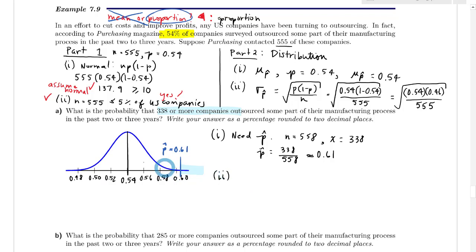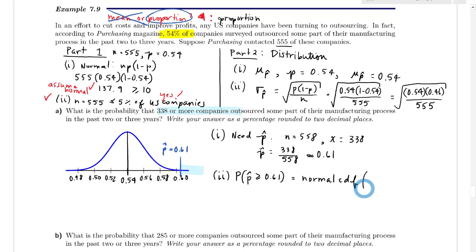Let's go ahead and find this probability. Again, we're using normal CDF as usual because we know that the population is approximately normal. So we're going to be looking for the probability that p hat is at least more than 0.61.